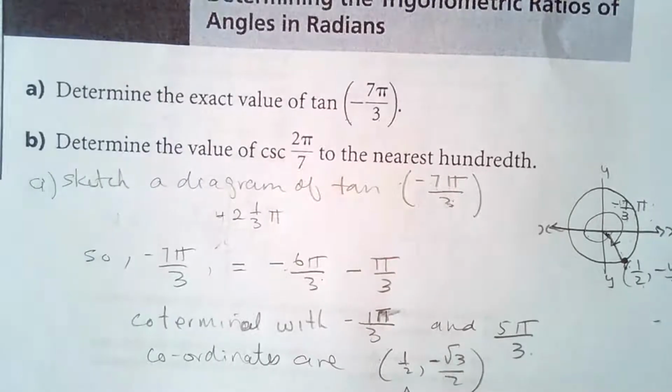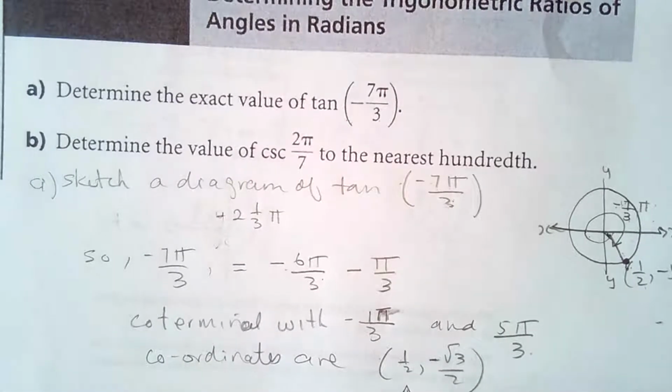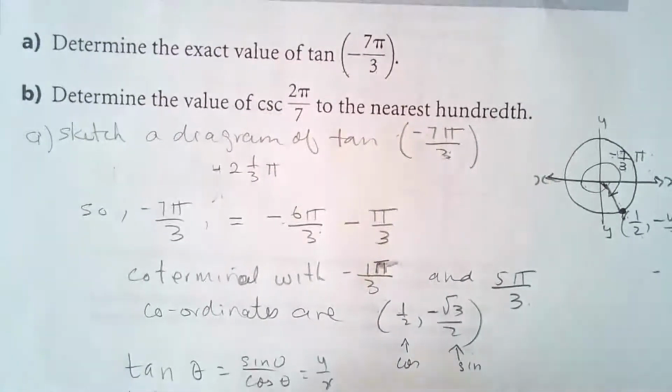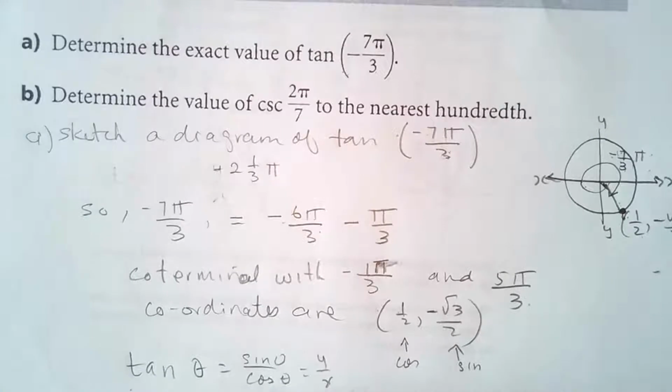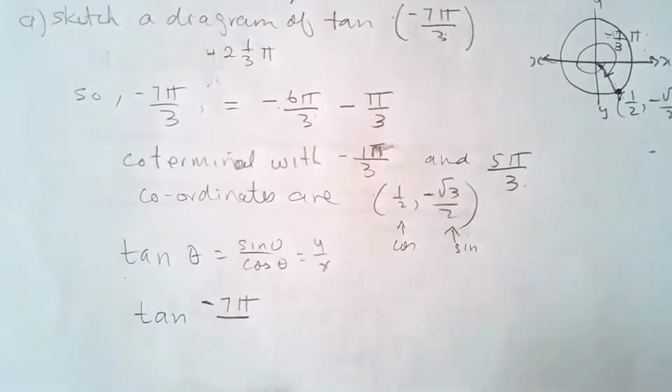So tan, remember, tan theta is sine over cos, or y over x. So tan negative 7 pi, oops, you see that?